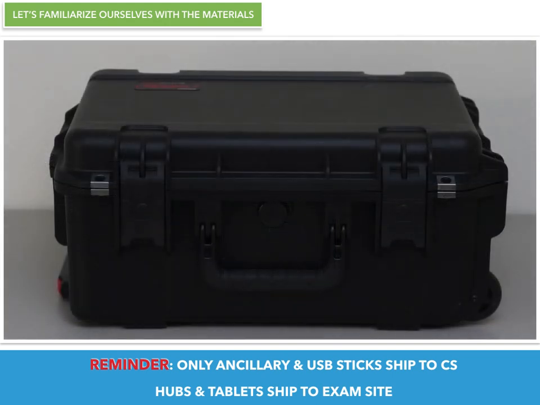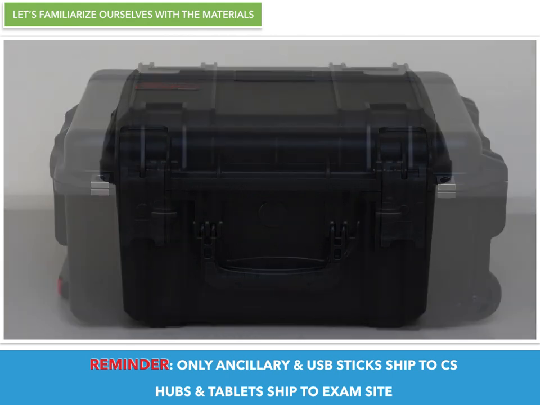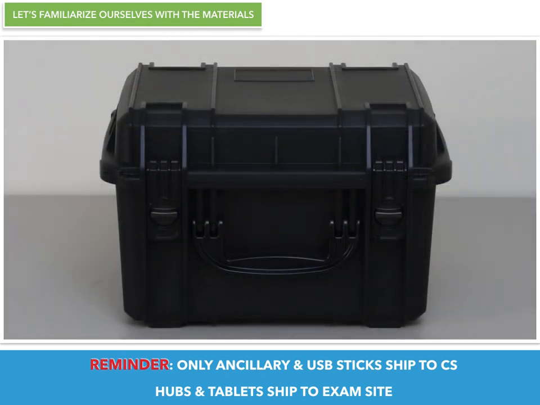The case that holds up to 20 tablets is similar in size to a typical carry-on suitcase and will have a handle for easy transportation. The smallest case, which holds up to 5 tablets, does not have wheels but is smaller than a typical carry-on suitcase and is light enough to carry. The tablet cases should be kept in a secure area but not necessarily under lock and key.